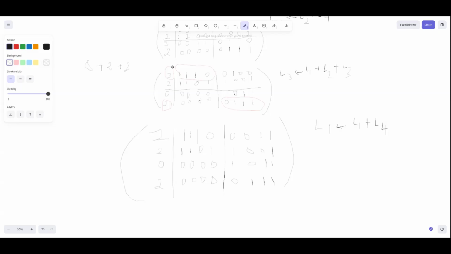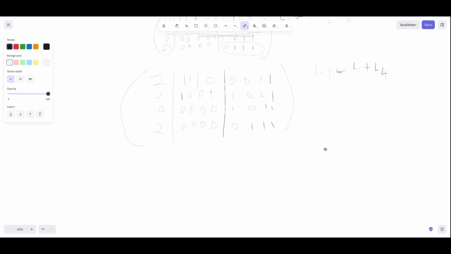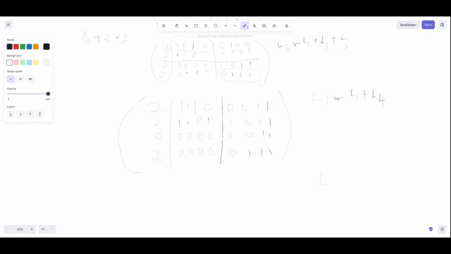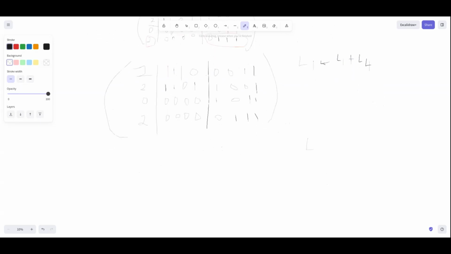Okay, so now let's do the next step. Just put L2 is equal to L2 plus L3.